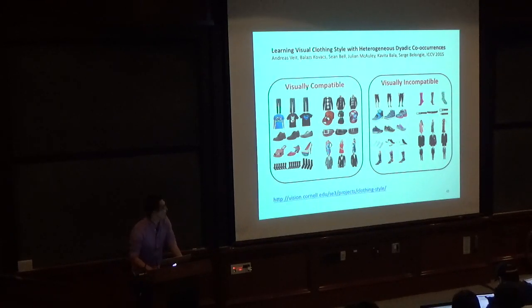This is based on a paper which appeared at ICCV, one of the top computer vision conferences, about 3 years ago. Just by example, if you're going to wear formal wear like a suit, you probably don't want to wear a pink polka dot sock or whatever that is. Can we infer these things from the data?